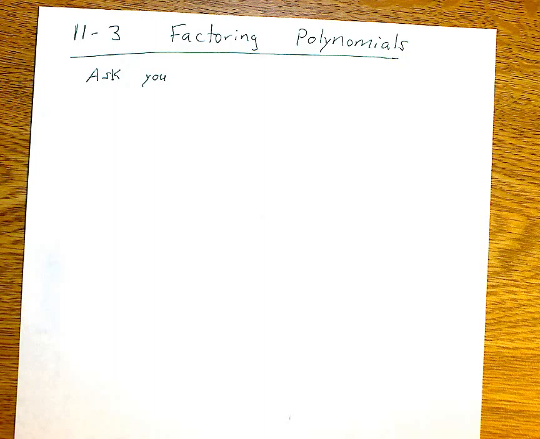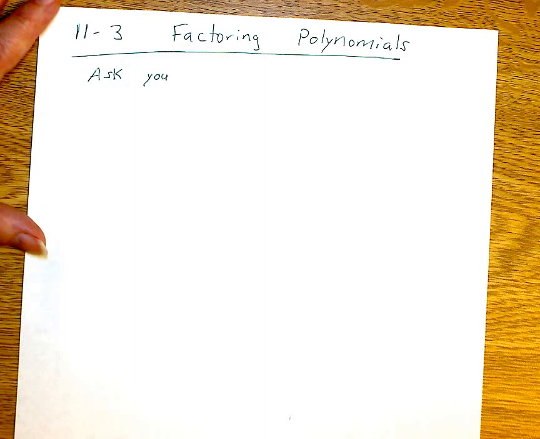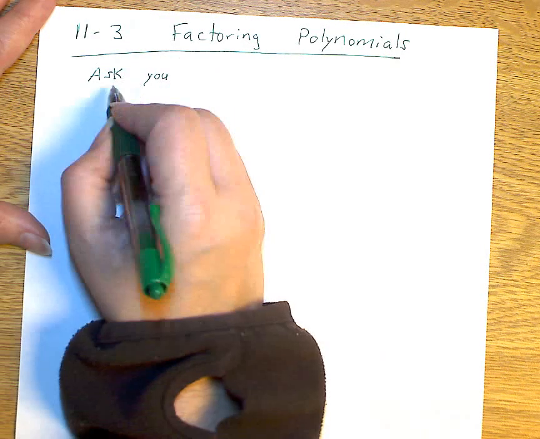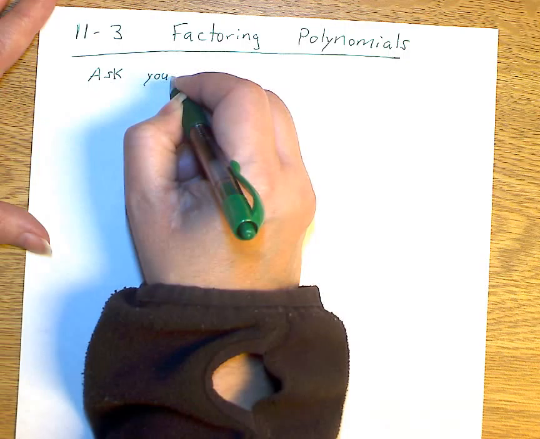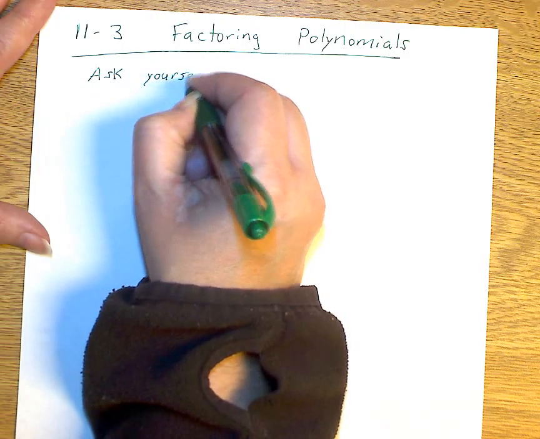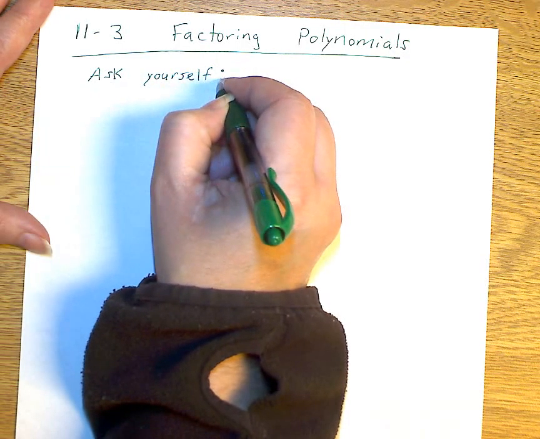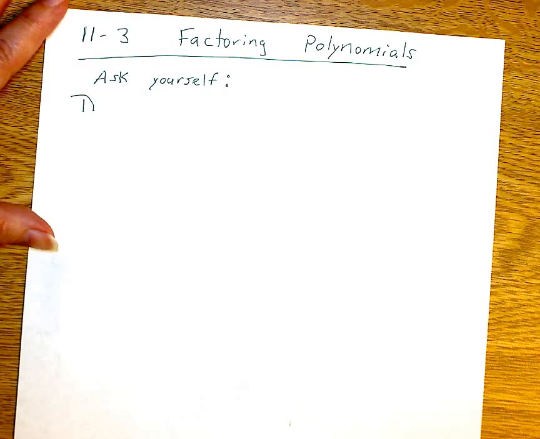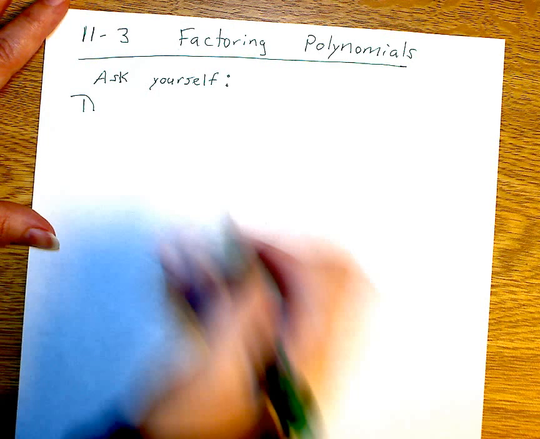All right, 11.3 is called factoring of polynomials. So the one thing that you have to do is to ask yourself these questions. The first question you have to ask yourself is, do the terms have something in common?